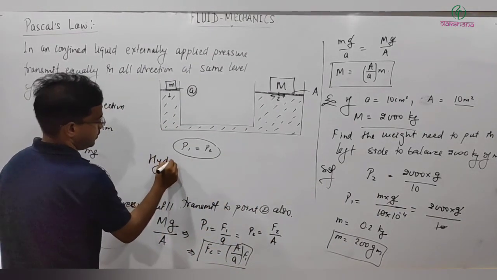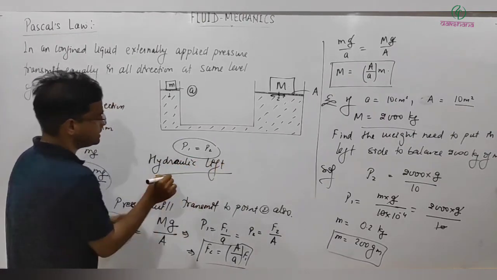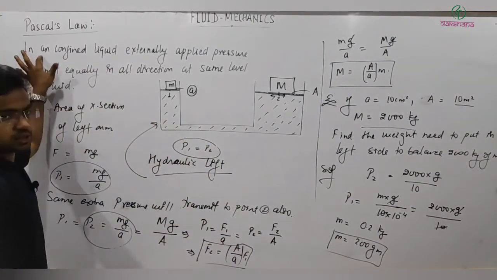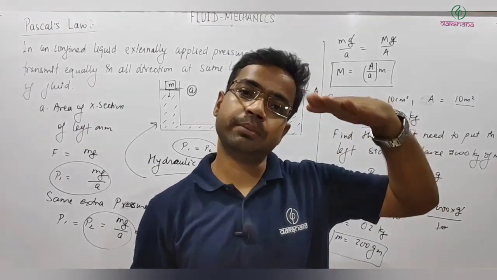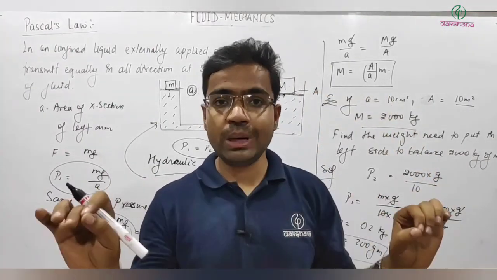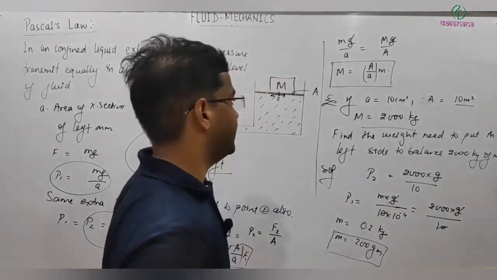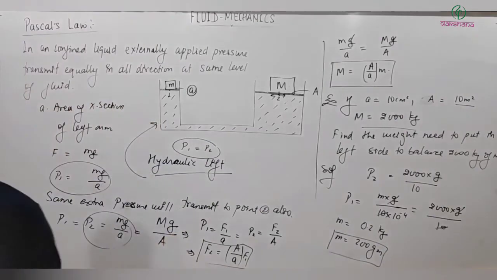The basic principle is Pascal's law: in a confined liquid, externally applied pressure transmits equally in all directions at the same level in the fluid. And I hope you're clear with this application of Pascal's law. Thank you.